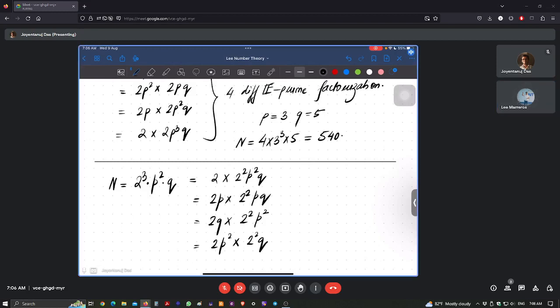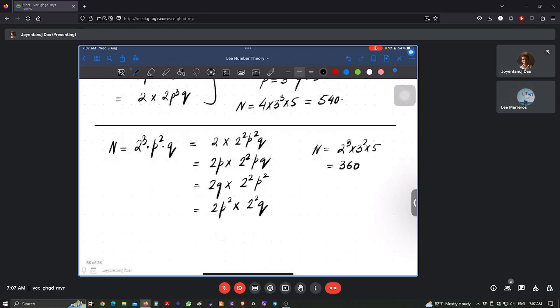And here if you take p equals 3 and q equals 5, then n equals 360. So this is the smallest one, and it is less than 420.